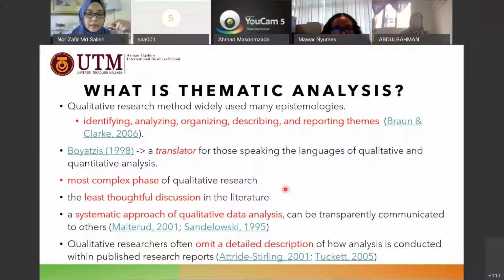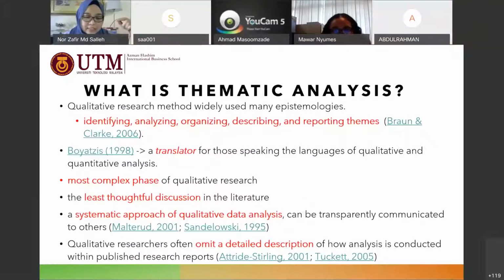I'm saying that in many research papers, you have a hard time understanding how they do their analysis. If you agree, you can put in the chat how many papers you found that have very little information on qualitative analysis. They just mention that we use thematic analysis, and that's it.